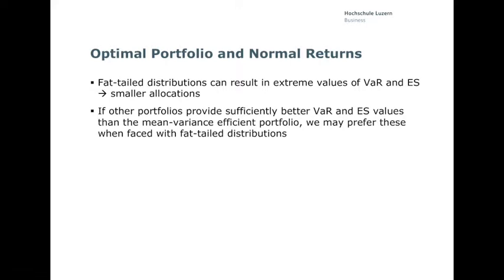Unfortunately, the impact of diversification on tail risk cannot easily be estimated. A practical way to estimate value at risk and expected shortfall in the presence of fat tails is called bootstrapping.